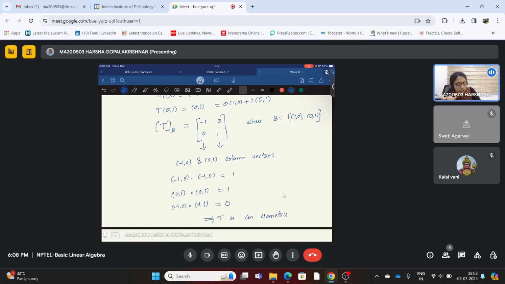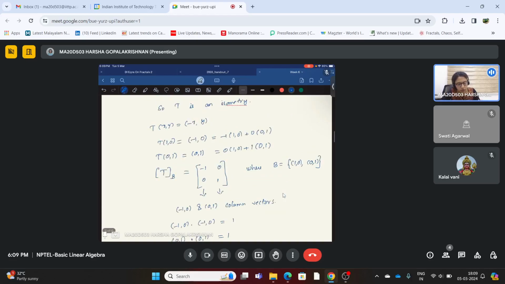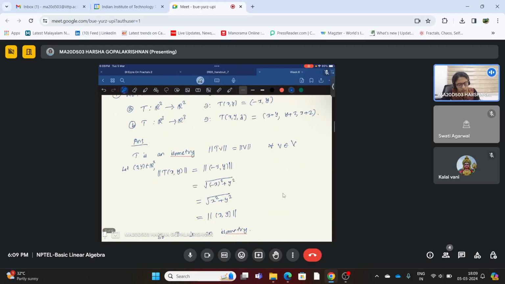So, to check whether T is an isometry, either we can go by the definition, norm Tv equal to norm v, or we can write it in matrix form and check whether the columns or the rows form an orthonormal set. Fine. Now let us go to the second question.